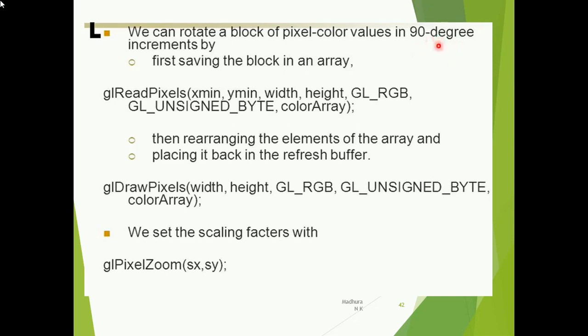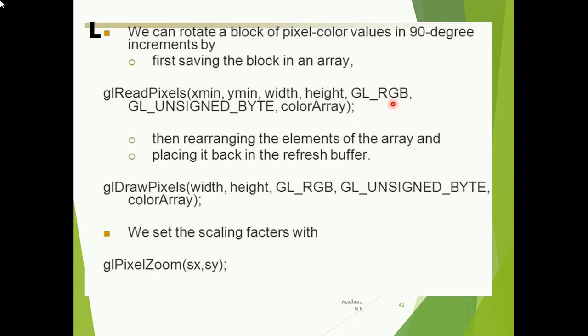Initially you have to first save the entire pixel information block in array format. To create that array, you call the function glReadPixels(xmin, ymin, width, height, GL_RGB, GL_UNSIGNED_BYTE, colorArray).